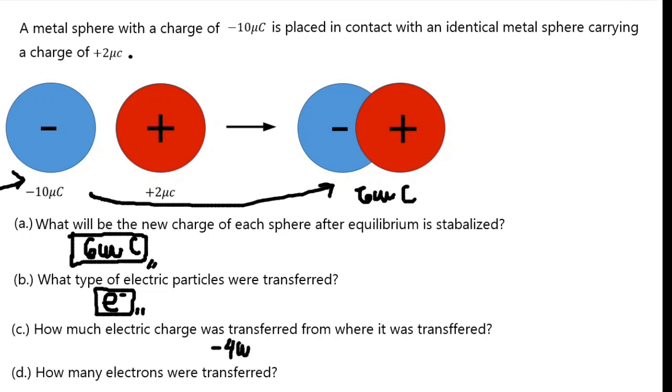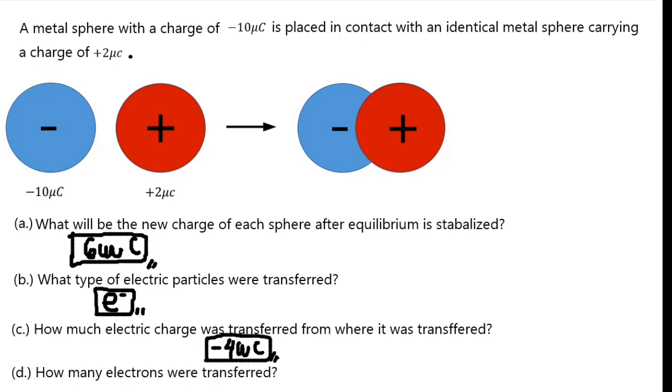Negative 4 microcoulombs, right? I just subtracted it. So negative 4 microcoulombs was transferred into the positively charged metal sphere.